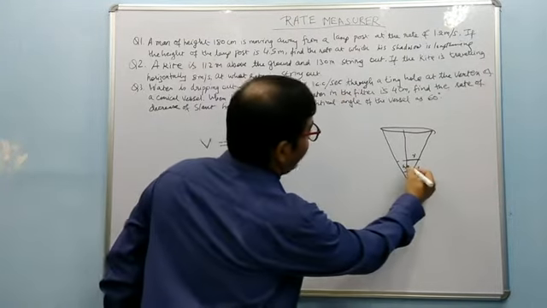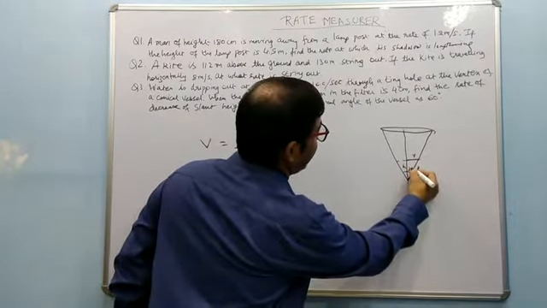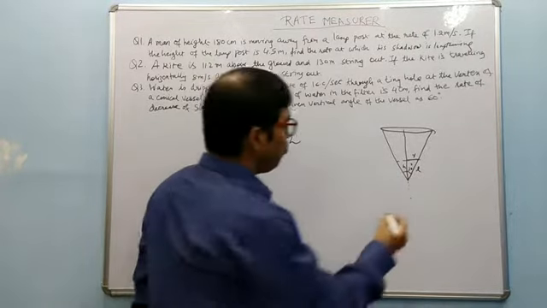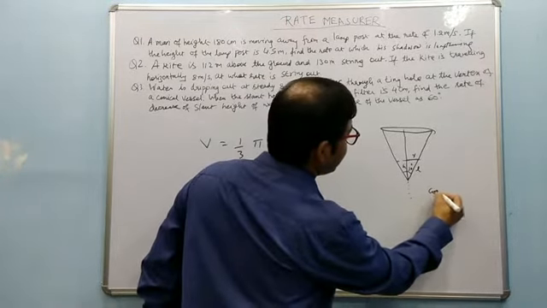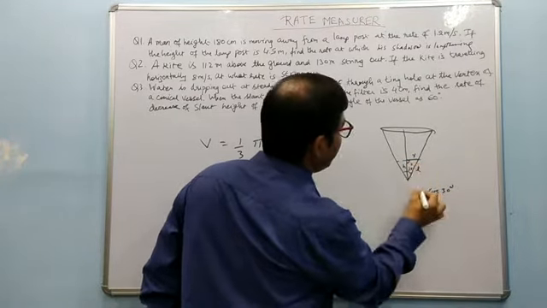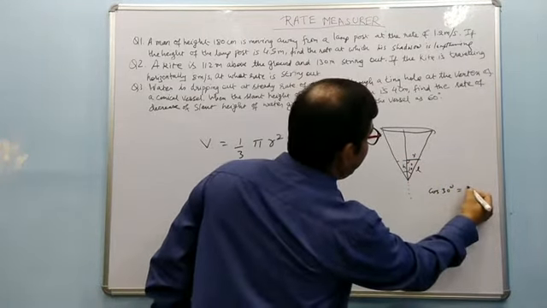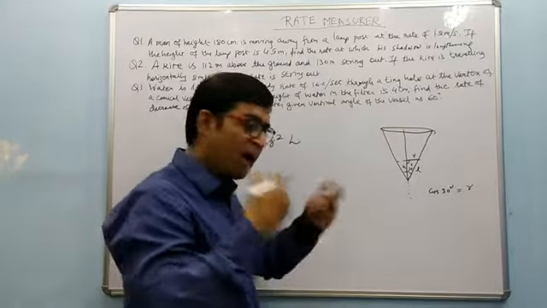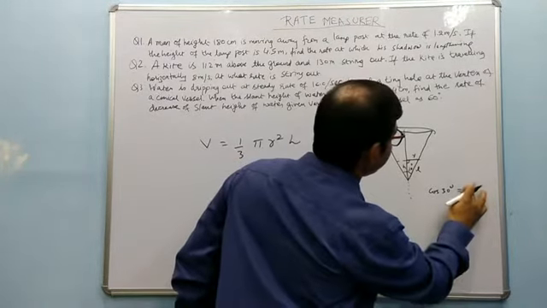See here, if complete angle is 60 degree, then it will be 30 degree. So we can write cos 30 degree by Pythagoras theorem. You know what it is coming out to be? Base by hypotenuse.